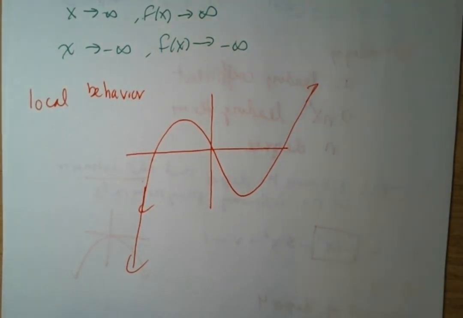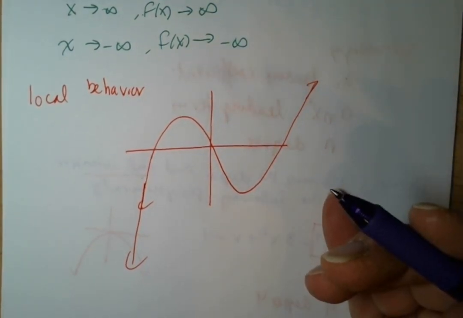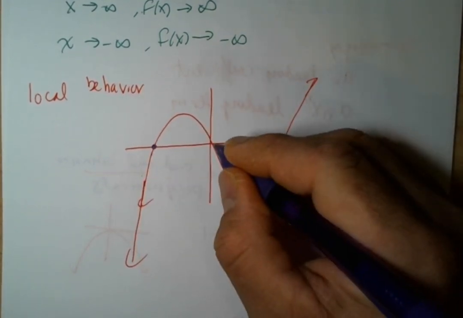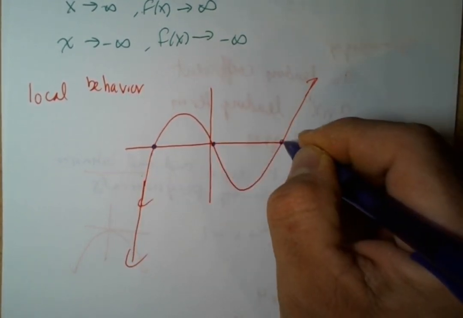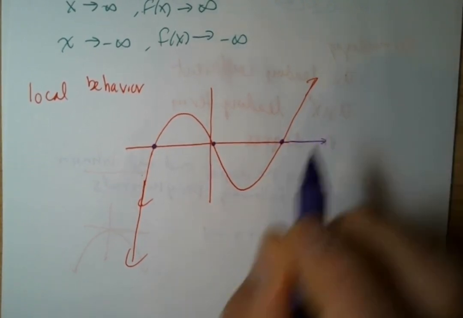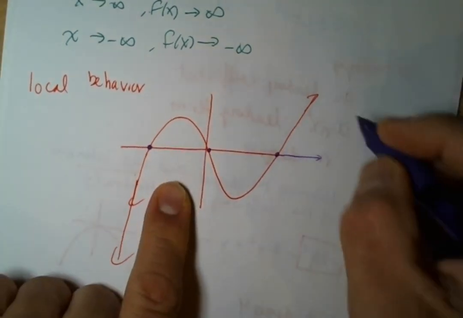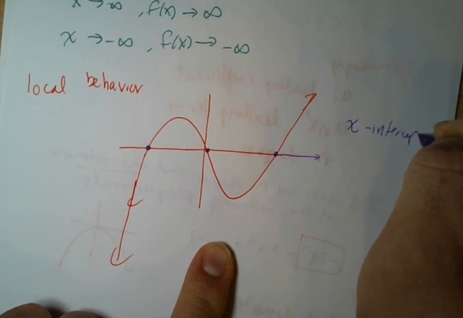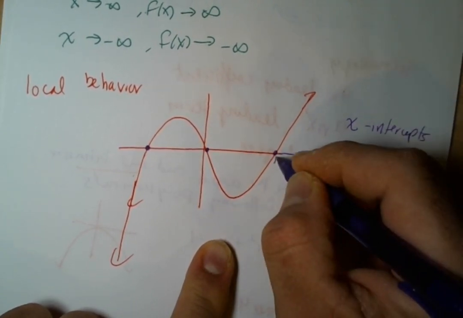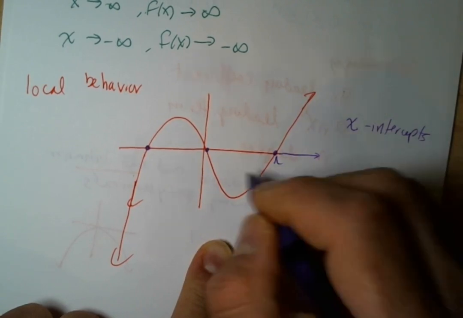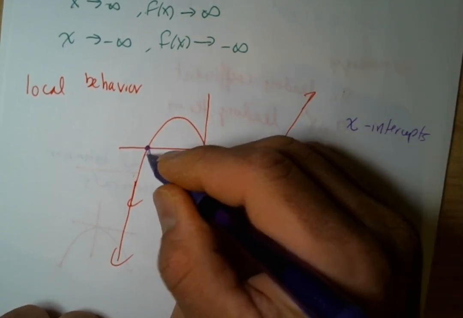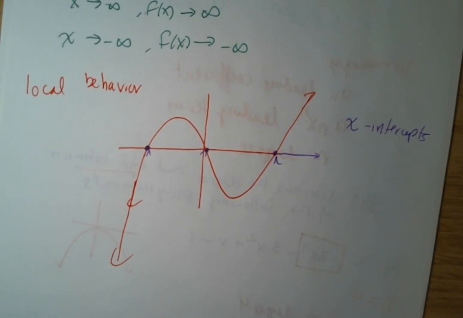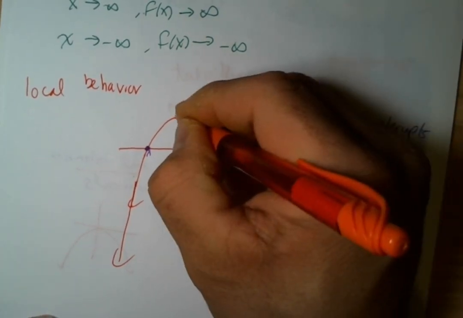But here, when we call something local behavior, we're going to look at two quantities in particular. We have x-intercepts, so those are these right here. And also something called turning points.